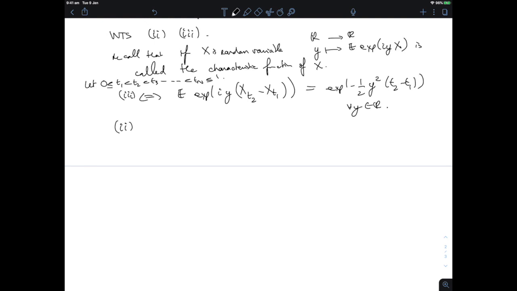And in order to show 2, we need to show that the characteristic function of a whole vector of such things splits.